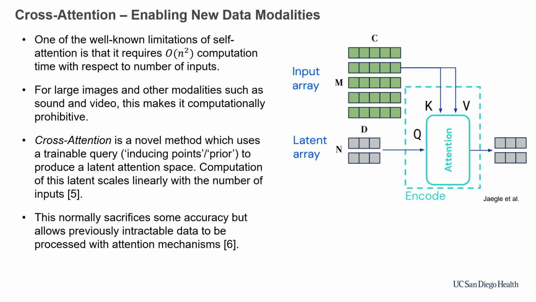And that switches the order of the computation to being linear now. So it can scale up to the size where you can compute directly on ImageNet images and also video and sound. And it sacrifices some accuracy compared to what you can achieve with pure self-attention where it's tractable. But again, it makes these computations possible in the first place for more complex data sets.